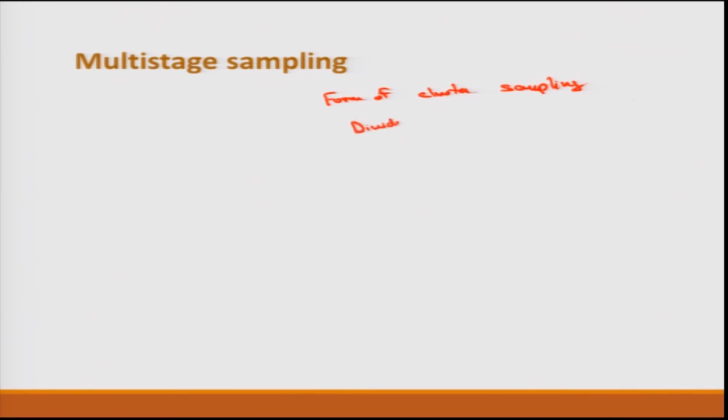It divides the population into groups. After that, one or more clusters are chosen at random, then each item in the cluster is used as the sample item.